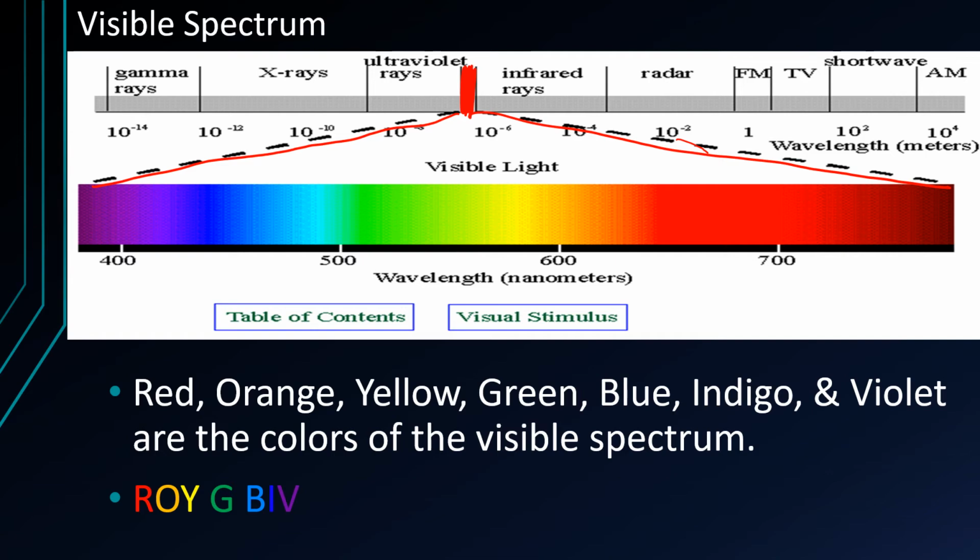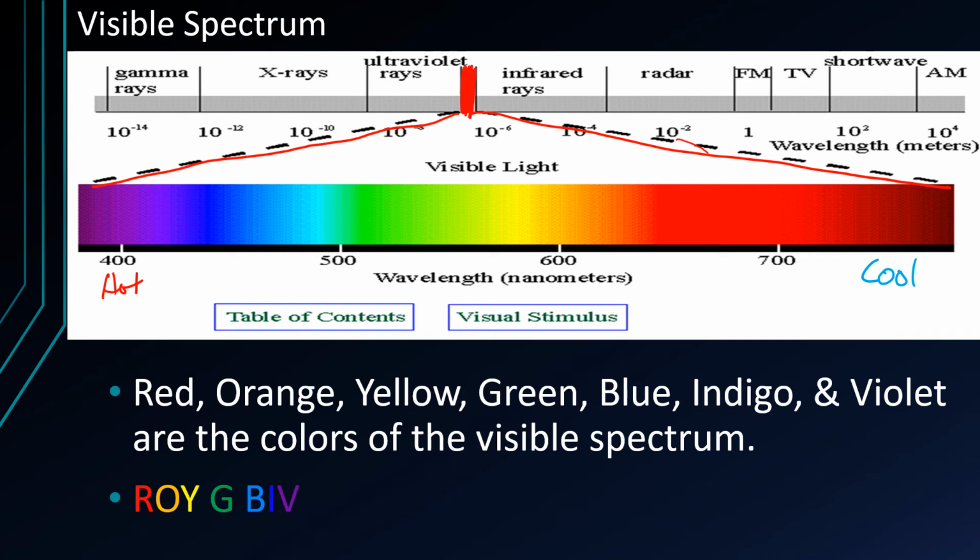But when it comes to the visible light spectrum, as far as energy and heat, red is actually the cooler end, and blue and purple are the hot end. And so it's counterintuitive to what we typically think, but it's just something we're going to have to work past.